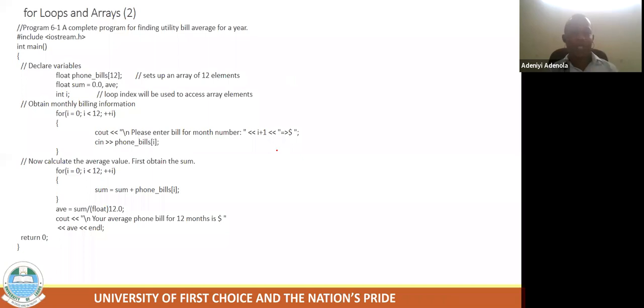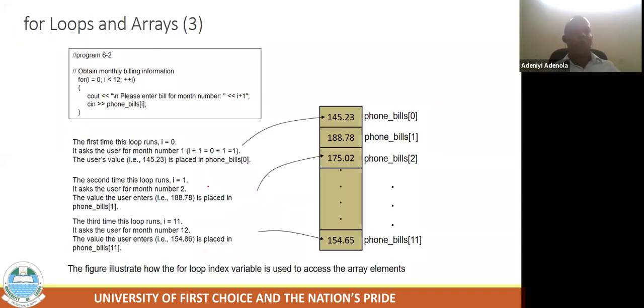You can come out with another algorithm or formula to do that. Now looking at the array, the first for loop, when we're asking the user to enter the view for month number, we start with 0. So month 1, there's nothing like month 0.